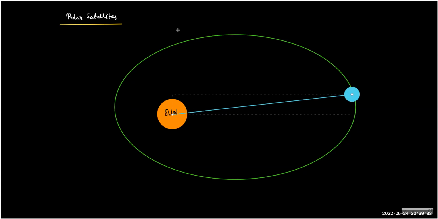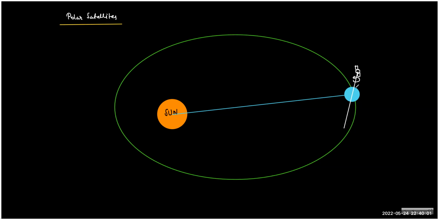A satellite is called polar if it always points above the pole of the Earth. We know that Earth is slightly inclined to the orbit and makes the rotation. And the polar satellite will be exactly above this pole and will make a motion around the sun along with the Earth.